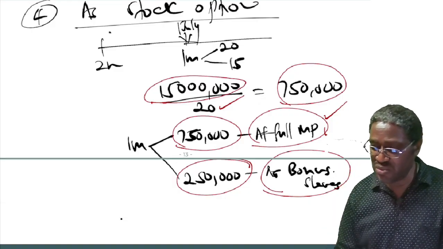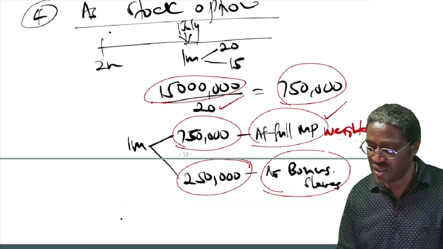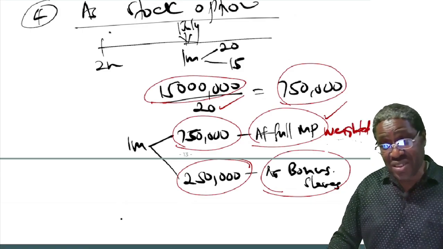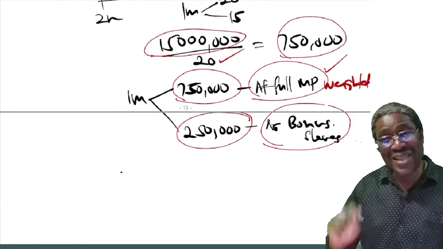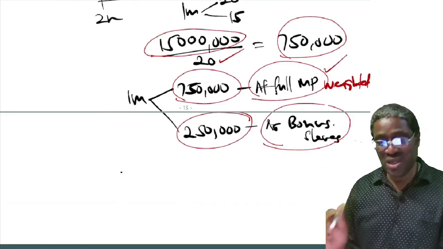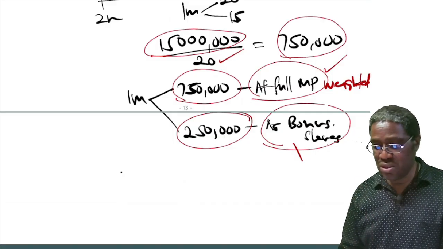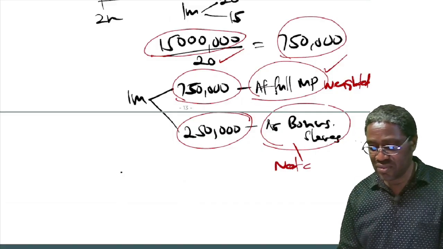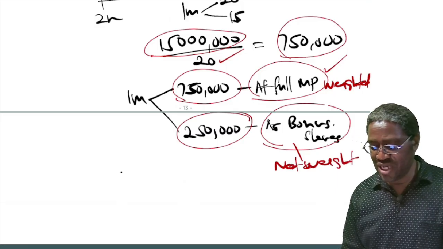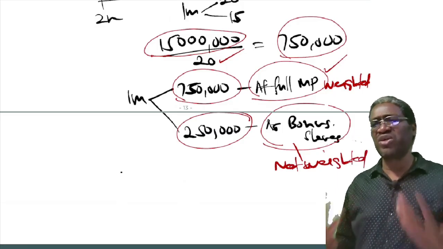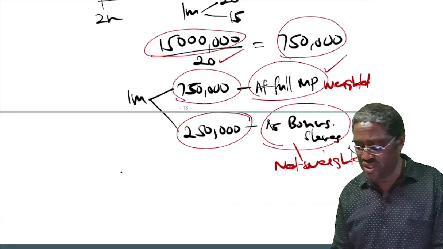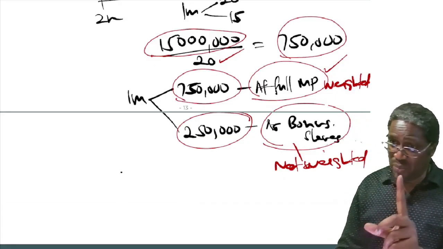So these ones must be weighted. We have already discussed that; that was the first thing I talked about. Then when shares are issued as bonus, it was the third item, not weighted. That is already going by the rule that we have already mentioned.